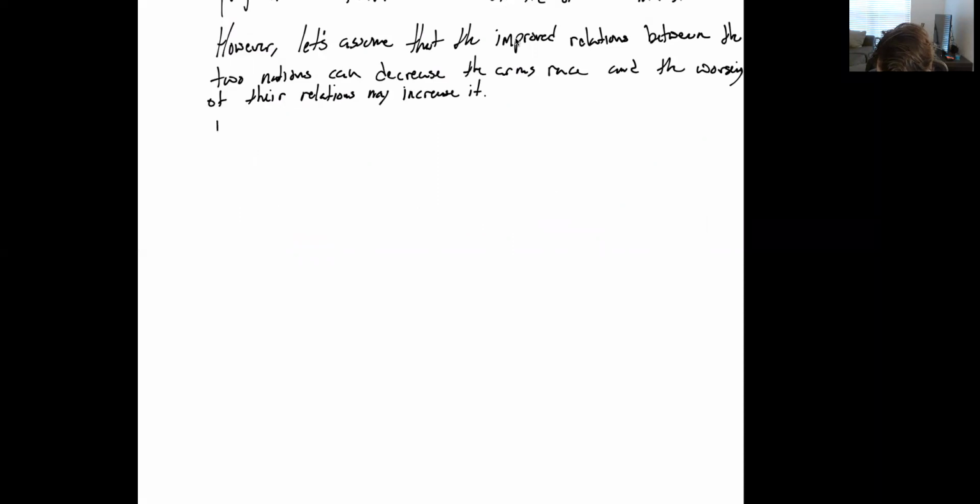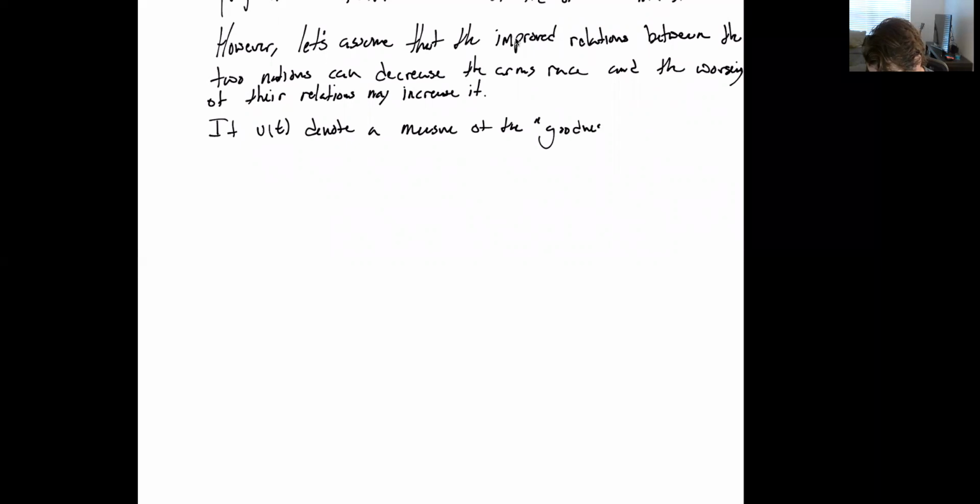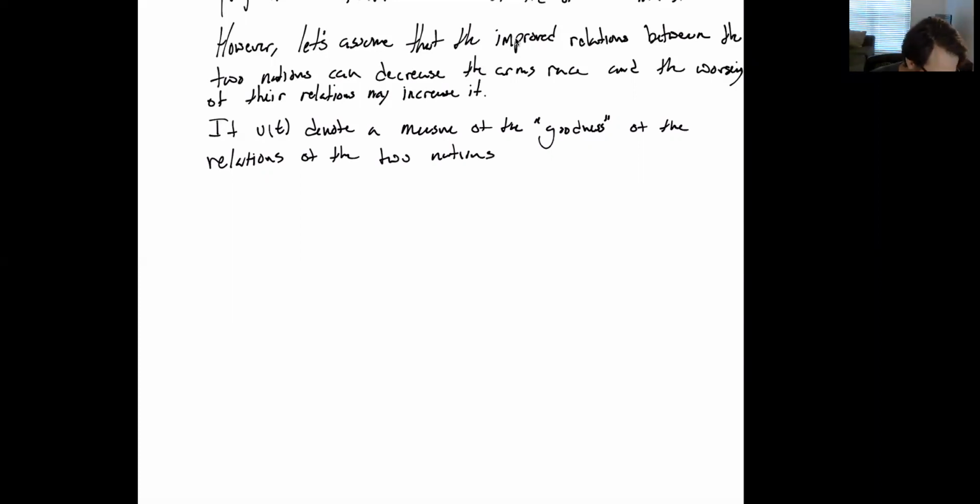And what we can do here is we can say, if we let this variable u denote a measure of the goodness, quote unquote, of the relations of the two nations, then what this system essentially reduces down to is the following.